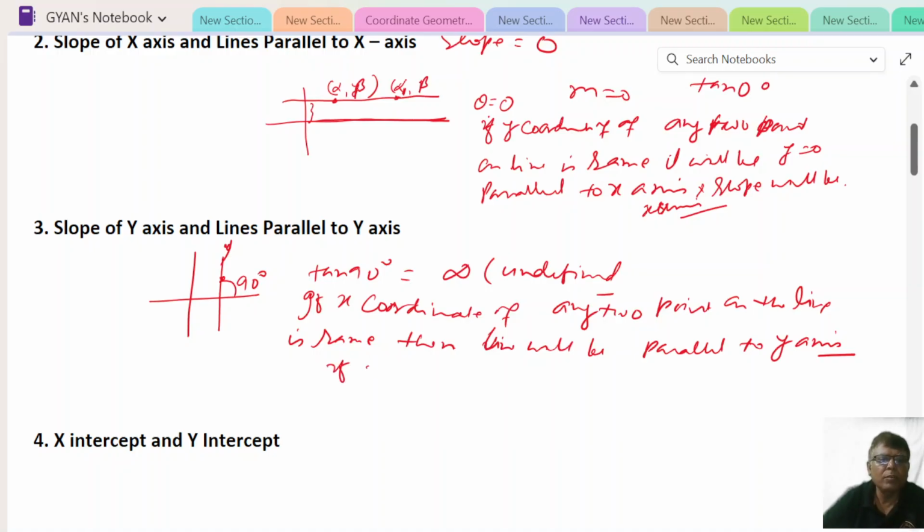And if x is equal to 0, then it is the y-axis.